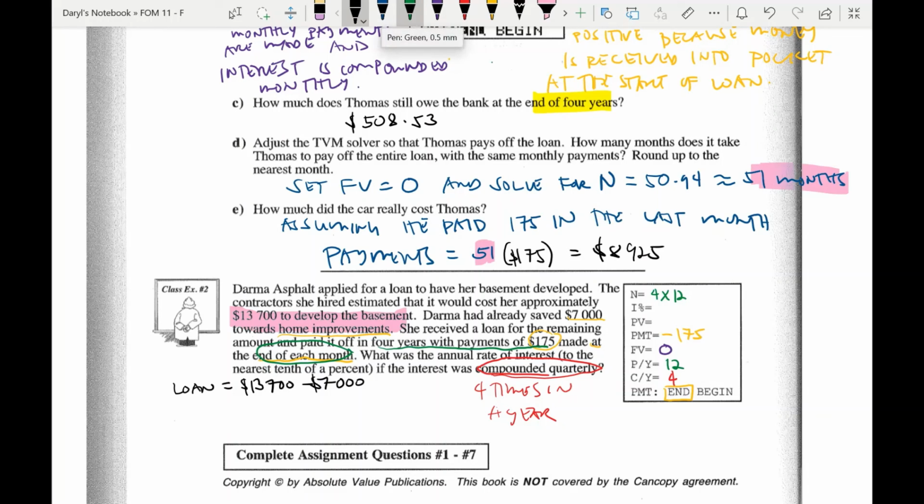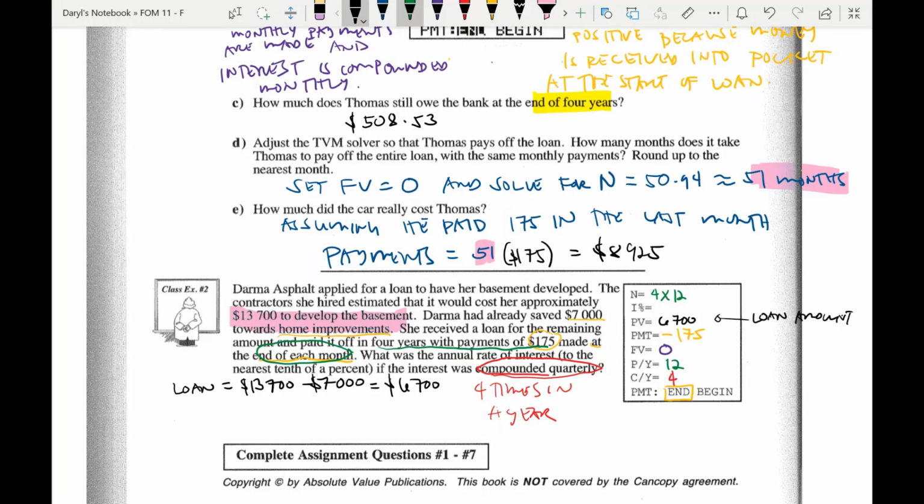That difference is $6,700. So the present value, the loan amount, is 6,700. It's positive because it's added to your own pocket.